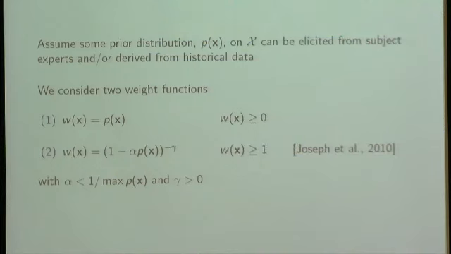That was suggested by Joseph and co-authors, and that essentially allows us to tailor our weight function depending on how much we actually believe our prior distribution. And we can come up with some very different designs from these different approaches, and the designs can change quite a lot as we change alpha and gamma.